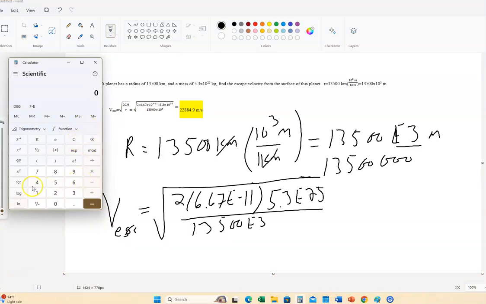All right, so here we go. It's going to be the square root of 2 times. Well, let me see something. No, it's all right. So here, I really don't like this calculator, but I'm forced to use it to show you what I'm trying to do.